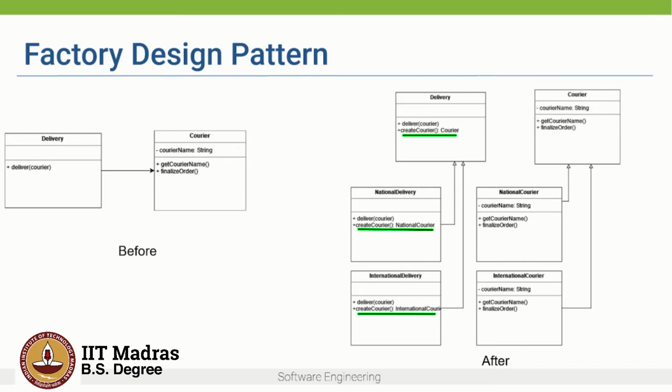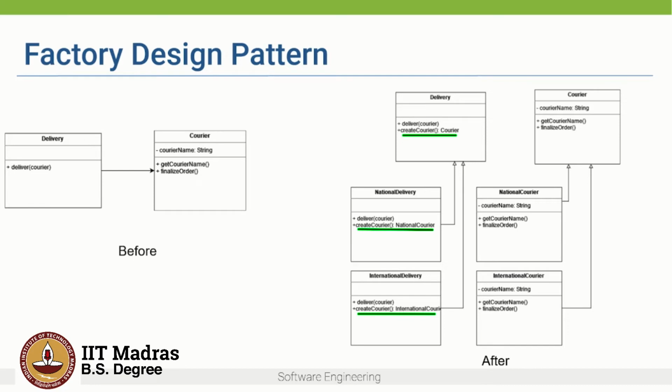So the delivery class has a creator method which returns a courier object. And so the national delivery class will return a national courier. The create courier method will return a national courier object, and similarly the international delivery class has a method called create courier which returns an international courier object, right?